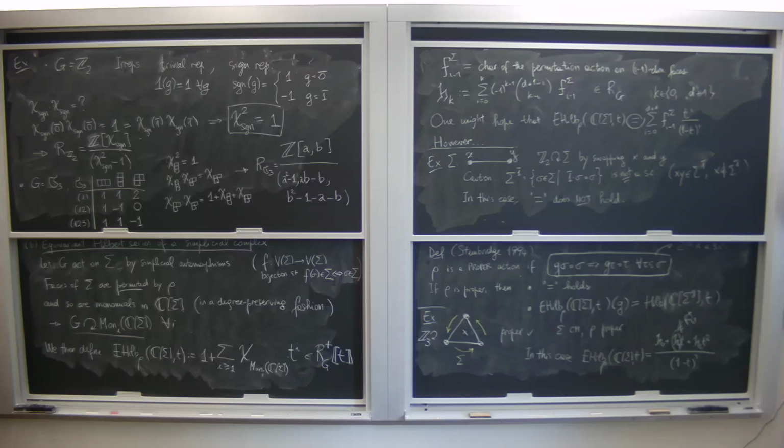Here, I'm actually assuming that sigma is Cohen-Macaulay. So if C of sigma has a linear system of parameters, theta 0, ..., theta d, such that G theta_i is theta_i for any G and for any i. In other words, every single element lives in the invariant ring, the part of the ring C of sigma that is fixed by the group.